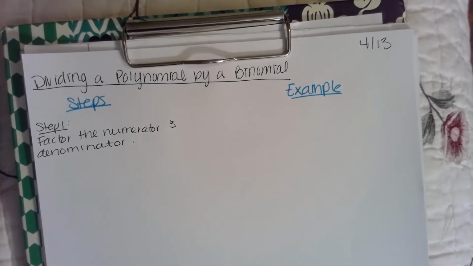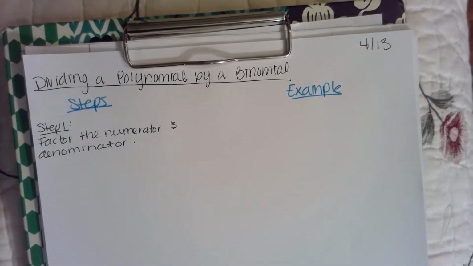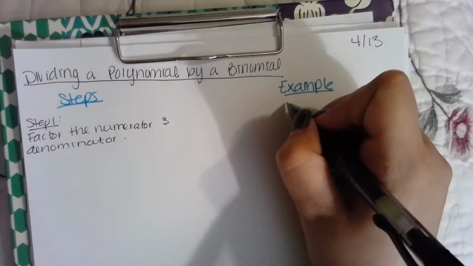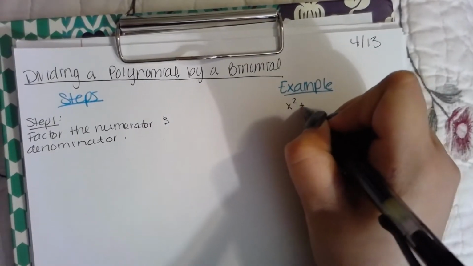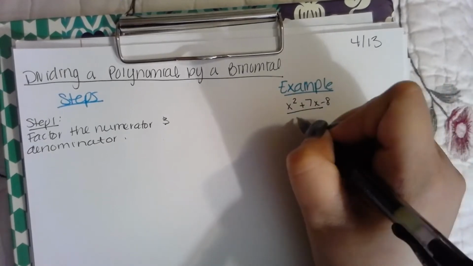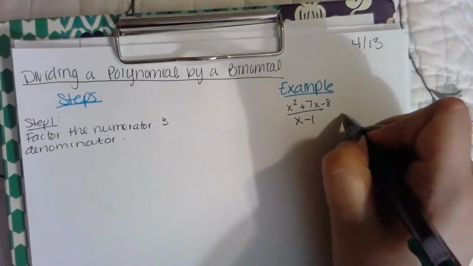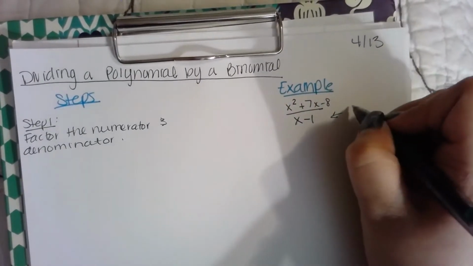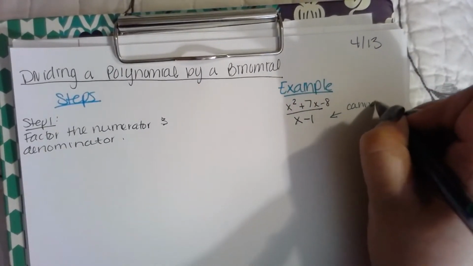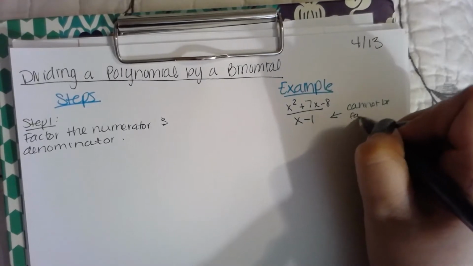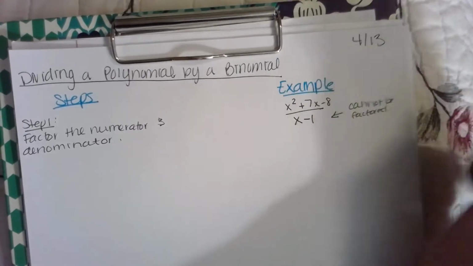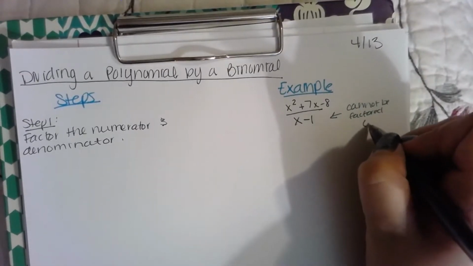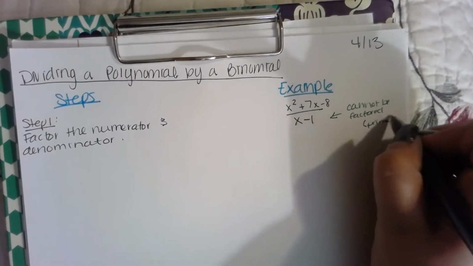So with x squared plus 7x minus 8 divided by x minus 1, I want you to notice that this bottom one cannot be factored anymore. When you can't factor something, it's already factored. You can't do anything. Remember, it's called prime. But this trinomial on top, that can be factored.